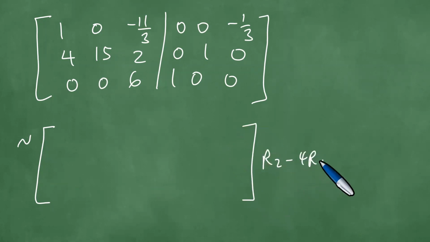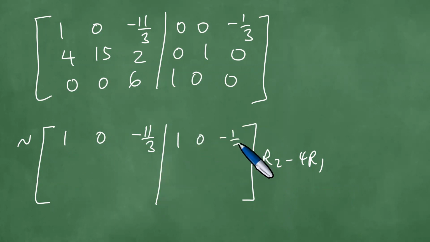Row 2 minus 4, row 1. 1, 0 minus 1 over 3. 0. 15. And if you do here, multiply by minus 4 and you add to this, that's like a 44 out of 3 plus 2, which is a 50 out of 3.